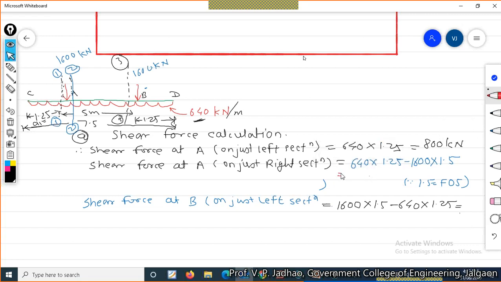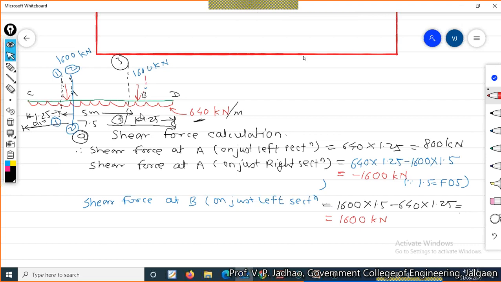The shear force just on the right section of this A will be equal to 640 into 1.25 minus 1600 into 1.5. So how much will it be? I think minus 1600. Am I right? It is minus 1600, and here it will be plus 1600 kilonewton. Okay, this will be minus 1600 kilonewton.